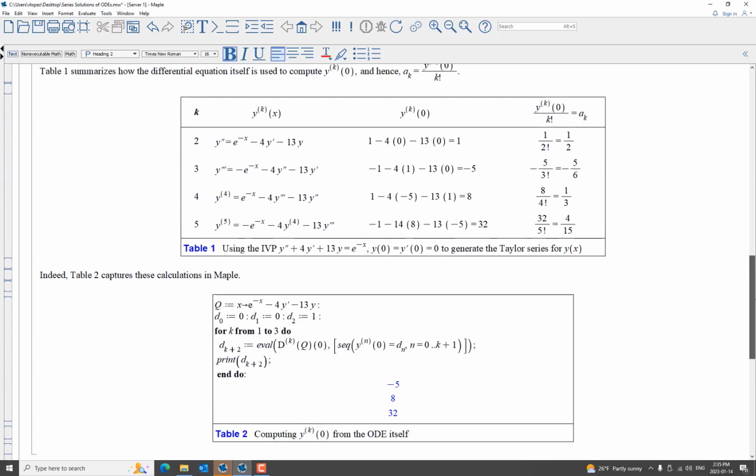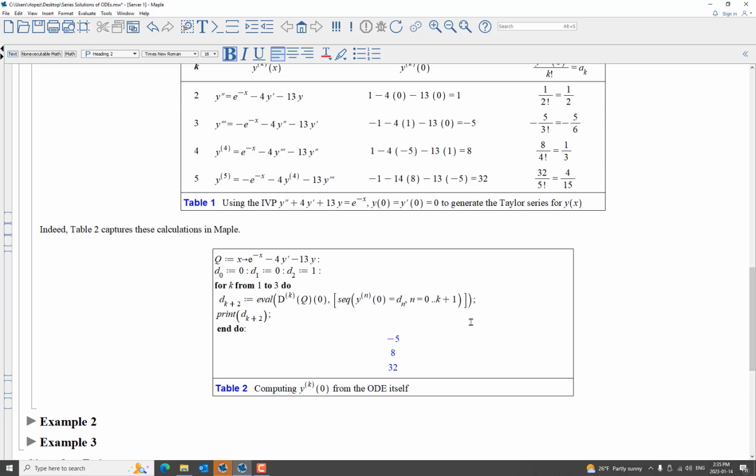Table 2, right here, captures these computations in some Maple code. You can see we've generated -5, 8, 32. This is the differential equation.